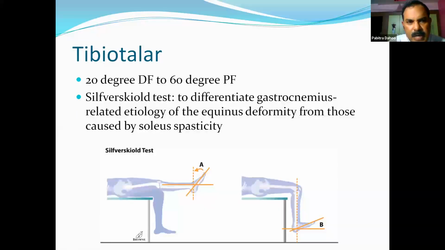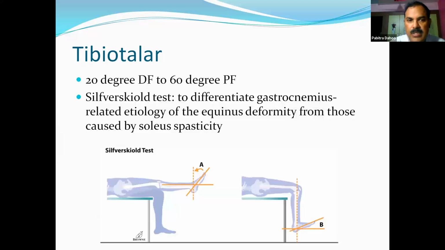So coming to different joints, how do we evaluate this range of motion? We all know for a normal ankle joint, we have 20° of dorsiflexion, around 60° of plantar flexion. So here you have to see how much dorsiflexion is coming, how much plantar flexion is coming. Mostly you are dealing with an equinus deformity where the dorsiflexion is limited, because of spasticity of the gastrosoleus, the most common deformity in cerebral palsy.